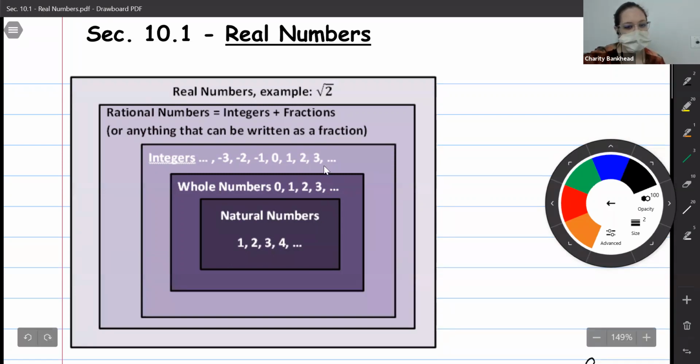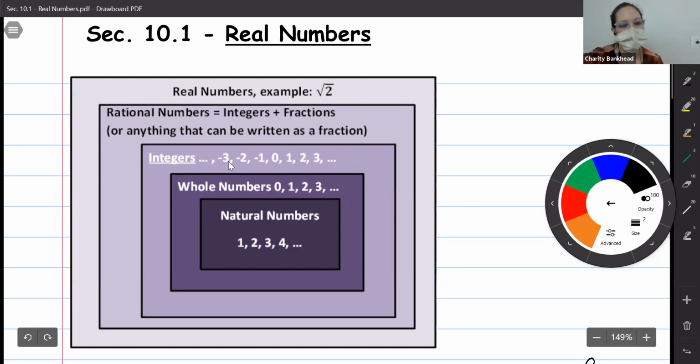And then outside of that, we have the integers. The integers include all of the whole numbers, plus all the negative whole numbers.